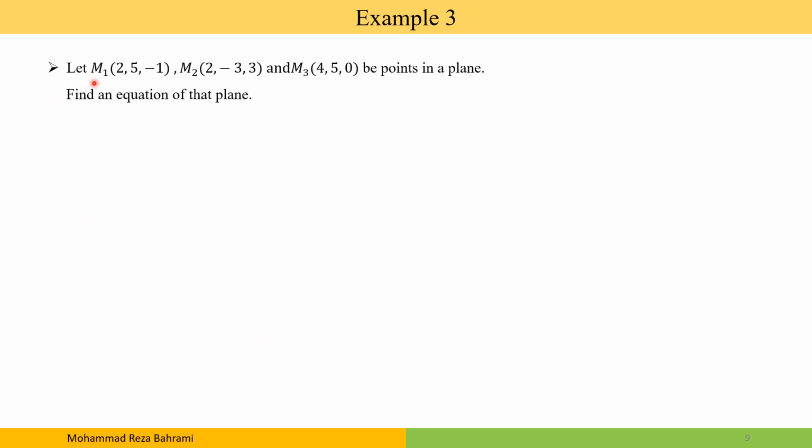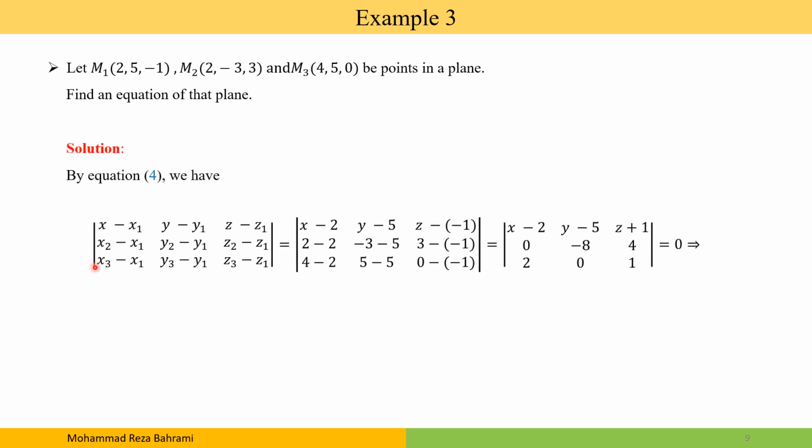For example, we have 3 points M1, M2, M3 in a plane, and we want to find the equation of that plane. So we use that determinant that I showed you in the previous slide. So we have x minus x1, x2 minus x1, x3 minus x1, and the other components I wrote here. Now we have to calculate these determinants, and you know how to do it.